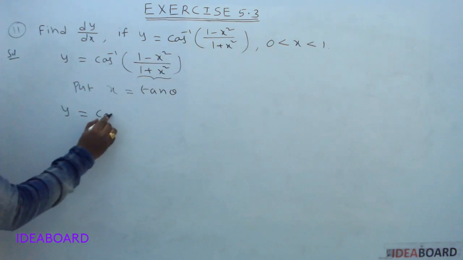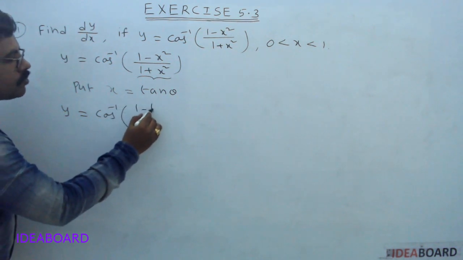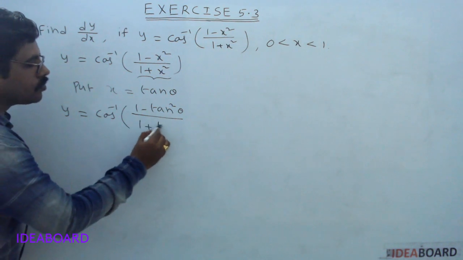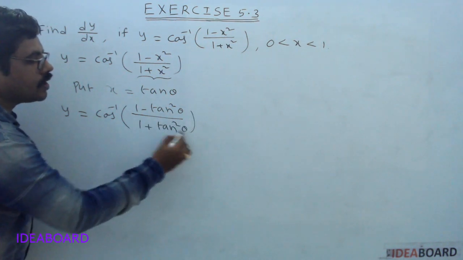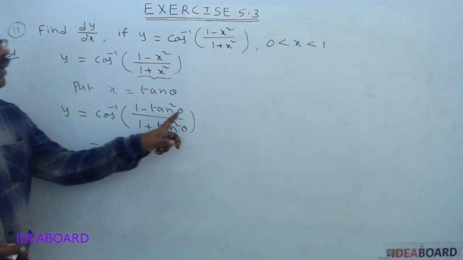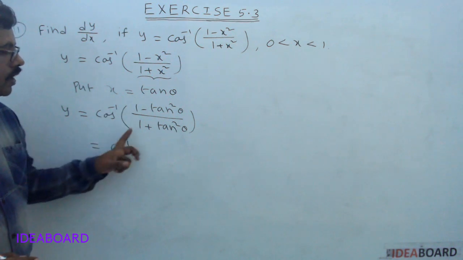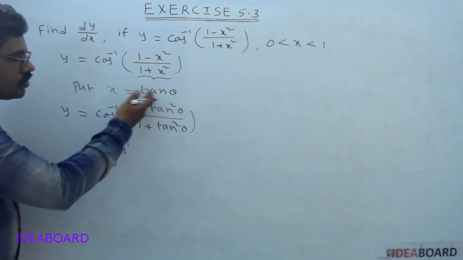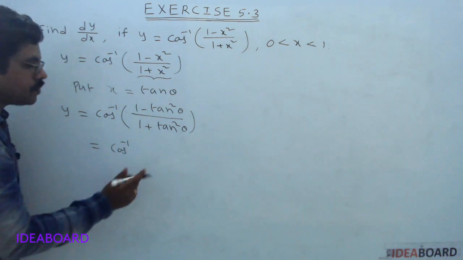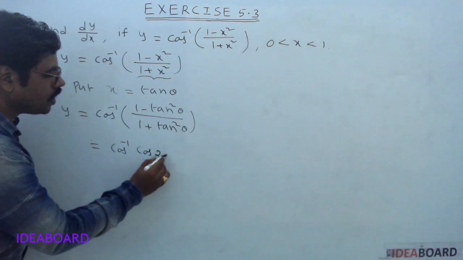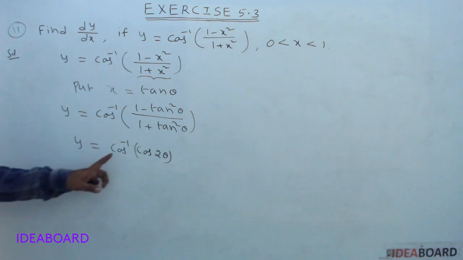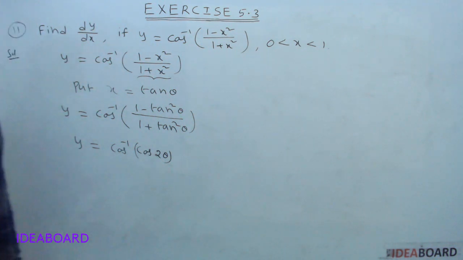Y equals cos inverse of (1 minus tan square theta) divided by (1 plus tan square theta). Now this is the formula for cos 2 theta. So instead of this expression, you can write the formula cos 2 theta. So this is y equals cos inverse of cos 2 theta.